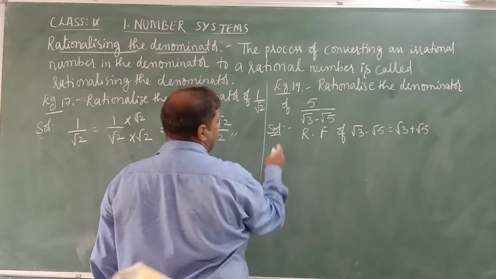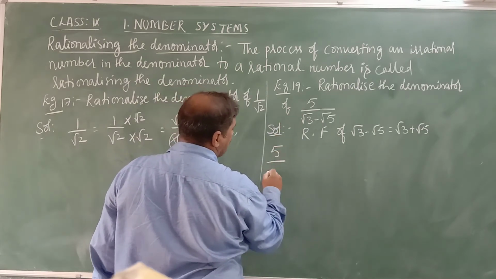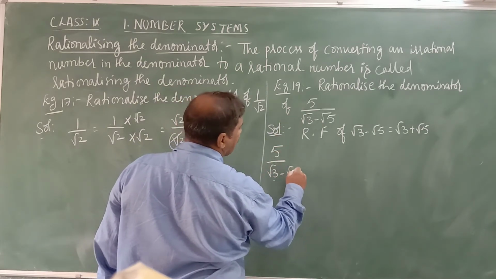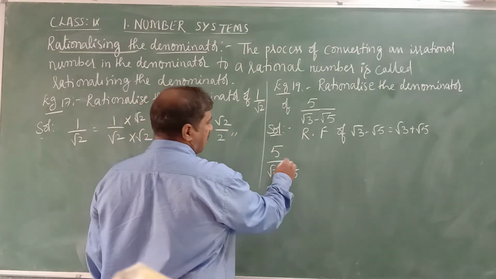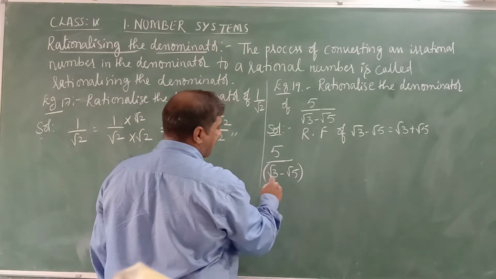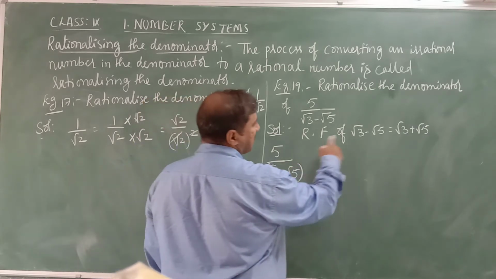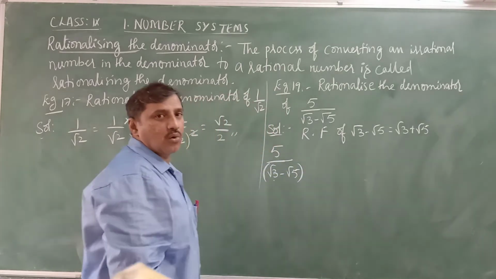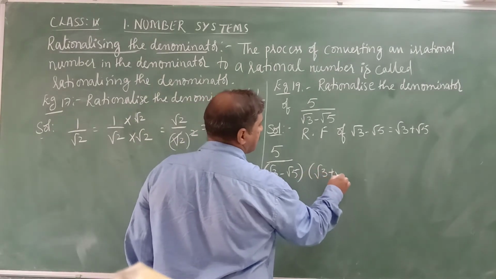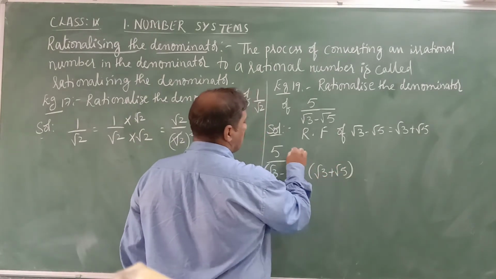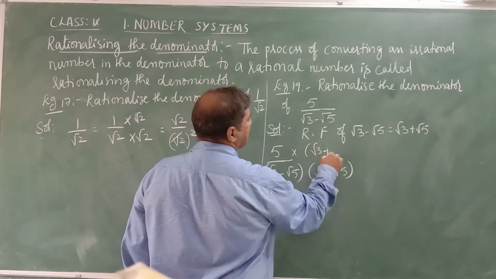Now multiply the given number, both numerator and denominator, with the rationalizing factor of the denominator. The denominator is root 3 minus root 5, its rationalizing factor is root 3 plus root 5.